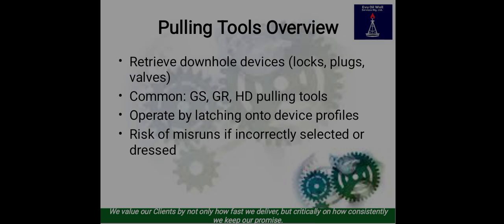They work by latching onto the fishing neck of the device in the hole, holding firmly to allow retrieval to surface. If the tool is the wrong size or not properly dressed, it may fail to latch, leading to misruns or stuck tools.